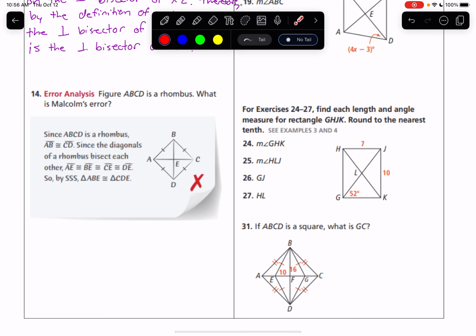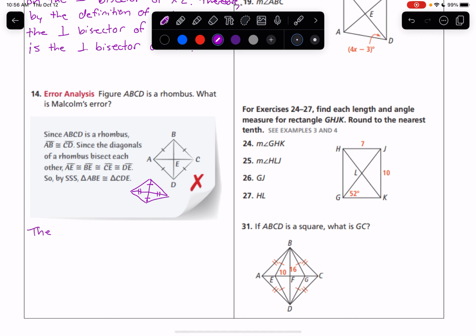So by side, side, side, triangle ABE is congruent to triangle CDE. And when we're looking at this, the problem is that the diagonals of a rhombus bisect each other, but they're not necessarily congruent. So they're divided into two congruent pieces, but those pieces are not all four congruent to one another.